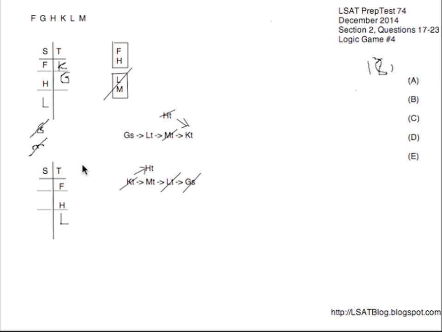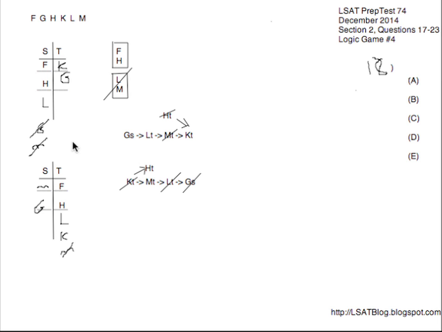Bottom diagram, we know that if L does go to T, M will not go there, and K will go to T, leaving M and G to go to S. Whatever, not important, we'll just run through the choices now.